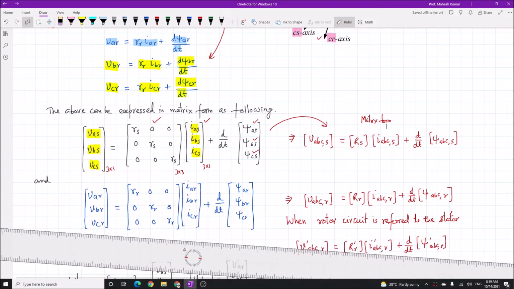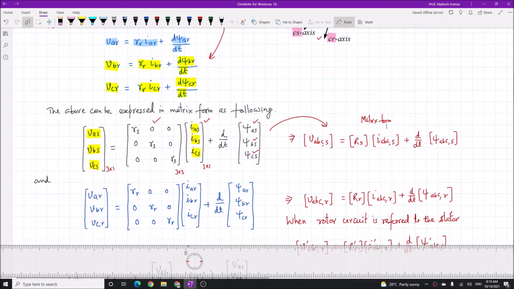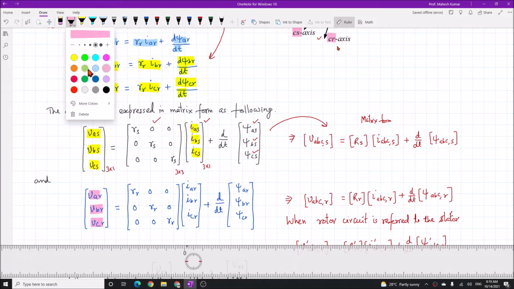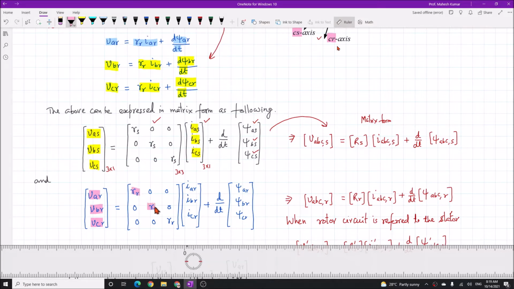So rotor, if you see that we have VAR, VBR and VCR, then we have a resistance matrix for the rotor. This is RR, RR and RR, symmetrical matrix 3 by 3.